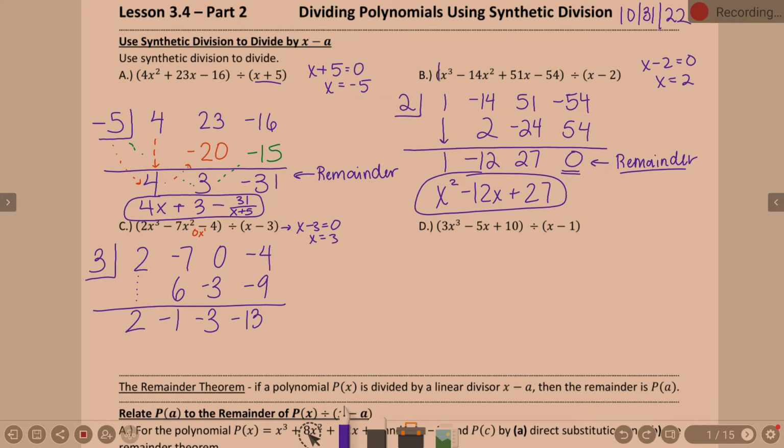Okay. How's my answer start here? 2x squared. Got it. Because my original problem was x to the third, we're going to go 1 power less than that, so x squared. So 2x squared minus 1x minus 3 minus 13 over that divisor of x minus 3.